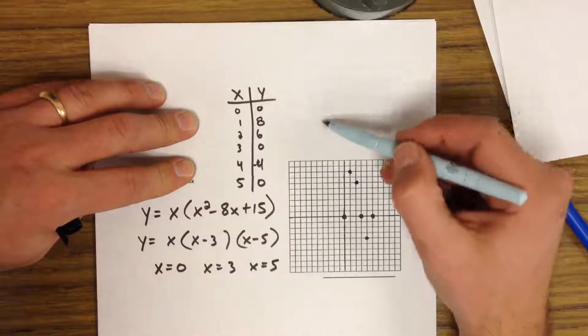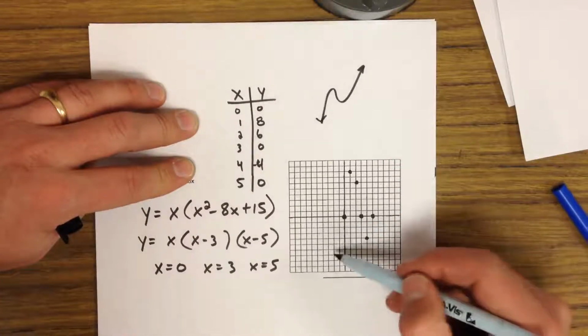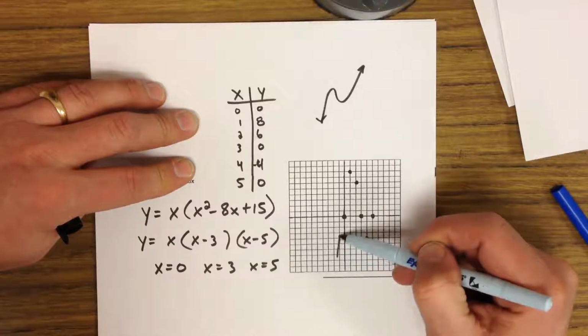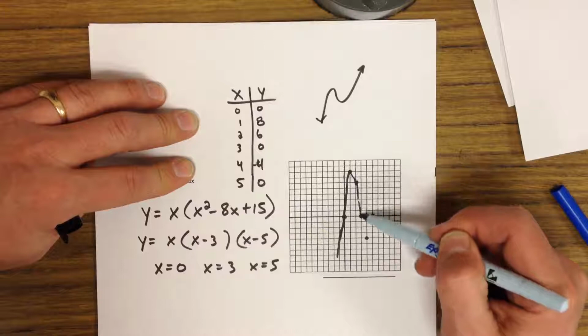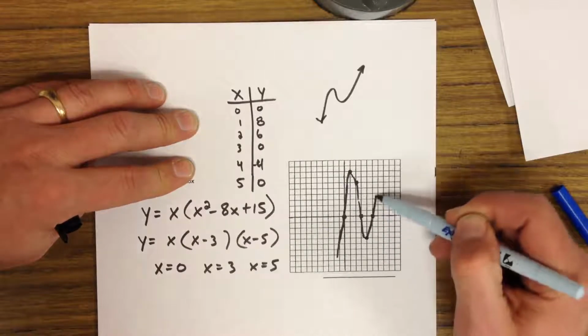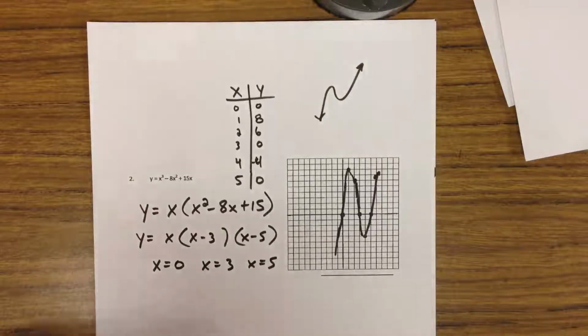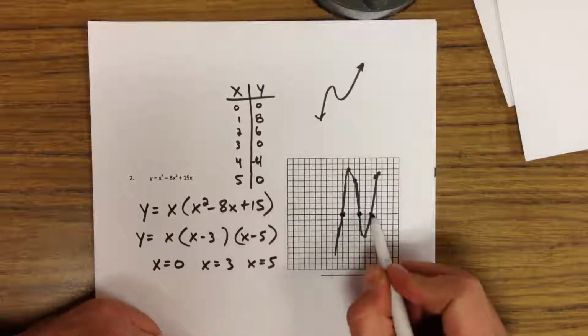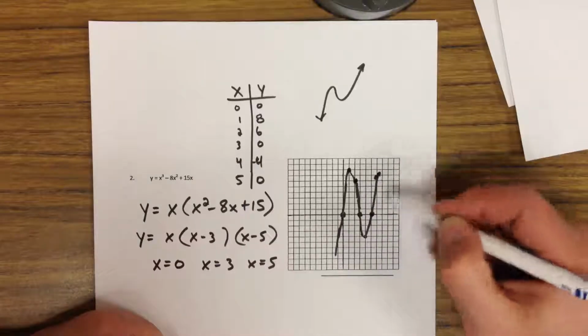So again, I know the general shape is something like this. I know it starts down here, probably even steeper than that, through this point and back up. So start with the zeros, find the in-between points, and then graph it.